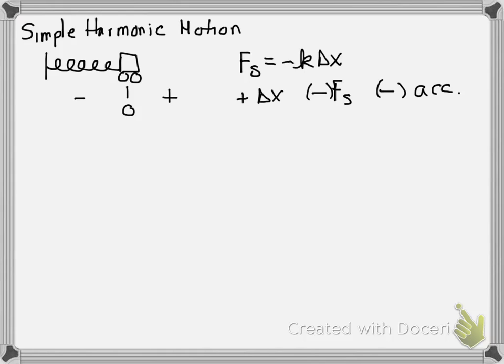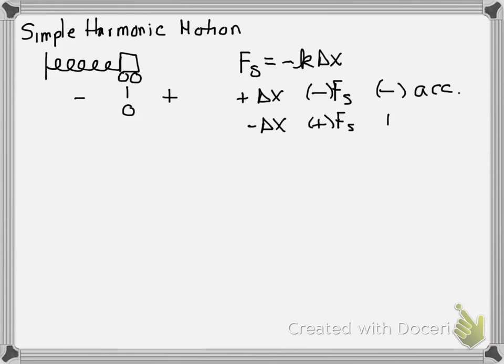If it is in the positive position and heading towards maximum displacement, moving to the right, then it's going to have a positive velocity and a negative acceleration. It's going to be slowing down towards 0 speed when it's at maximum displacement.